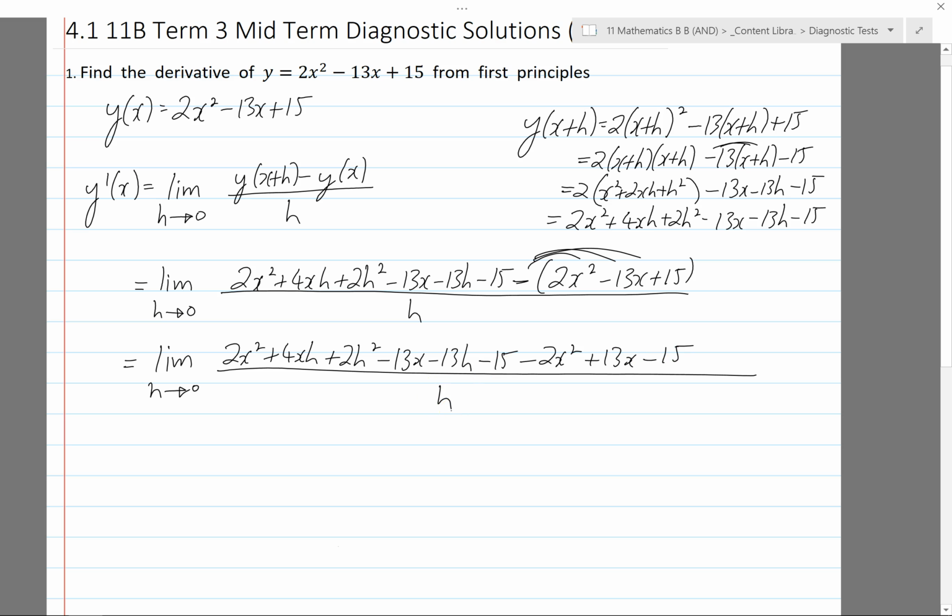And now I'll have a look along that top line, see if there's any things that are in common that can cancel out. 2x squared and minus 2x squared, they'll cancel. Minus 13x and 13x, they'll cancel. What else is going to cancel? At this point, everything that doesn't have an h in there should cancel.